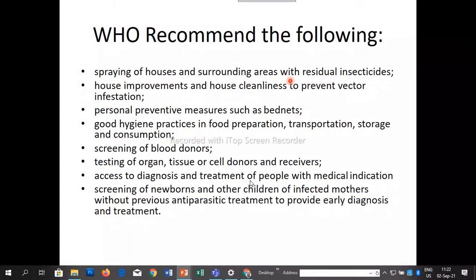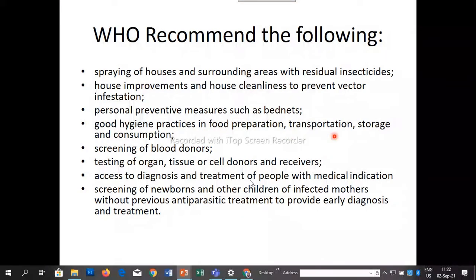House improvement and house cleaning to prevent vector infestation. Personal preventive measures such as using bed nets when you are sleeping. Good hygiene practices in food preparation, transportation, storage, and consumption.